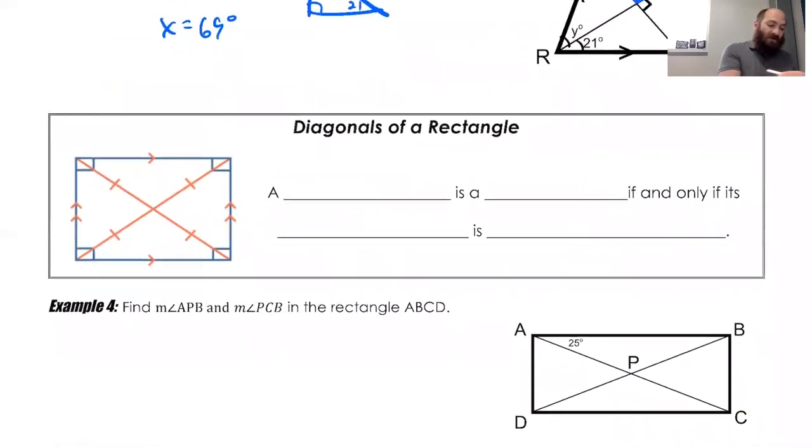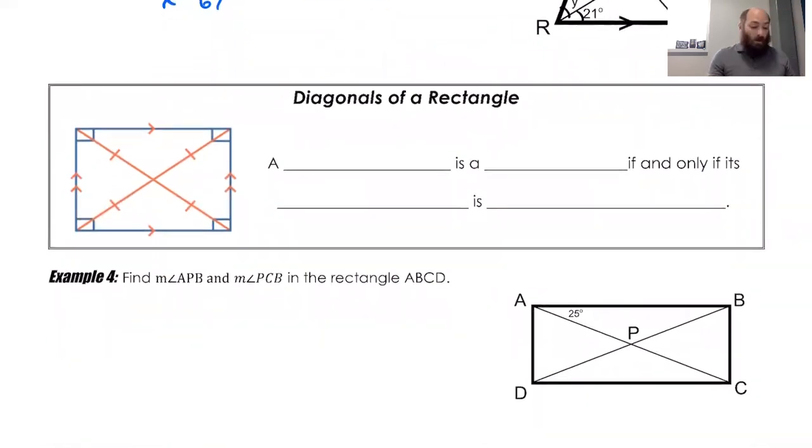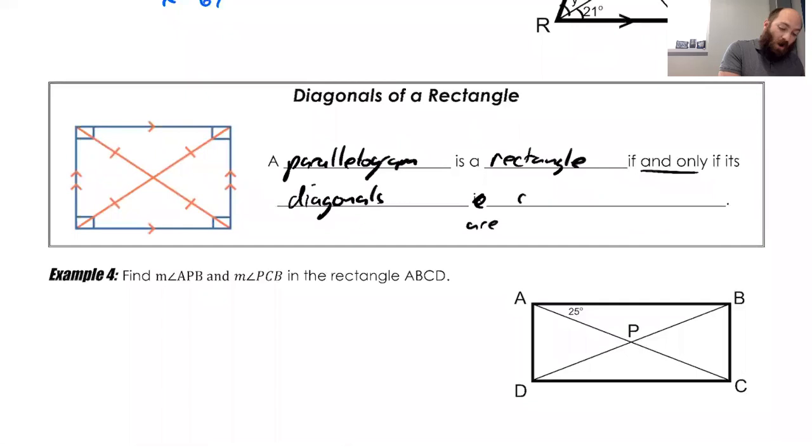All right, diagonals of a rectangle. A parallelogram is a rectangle if and only if its diagonals are congruent.